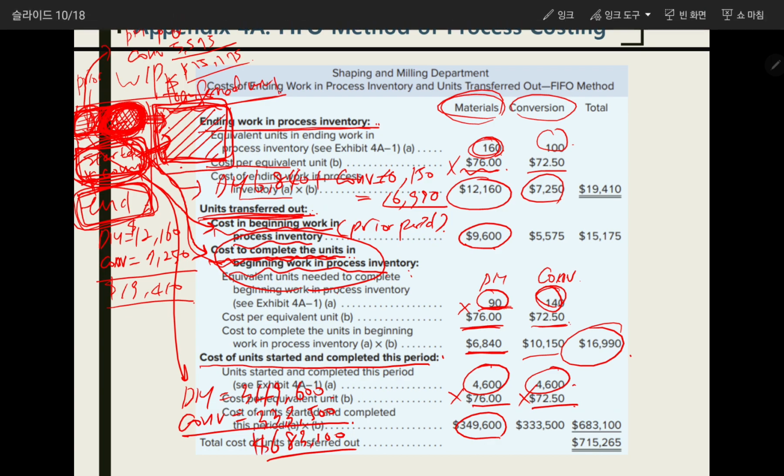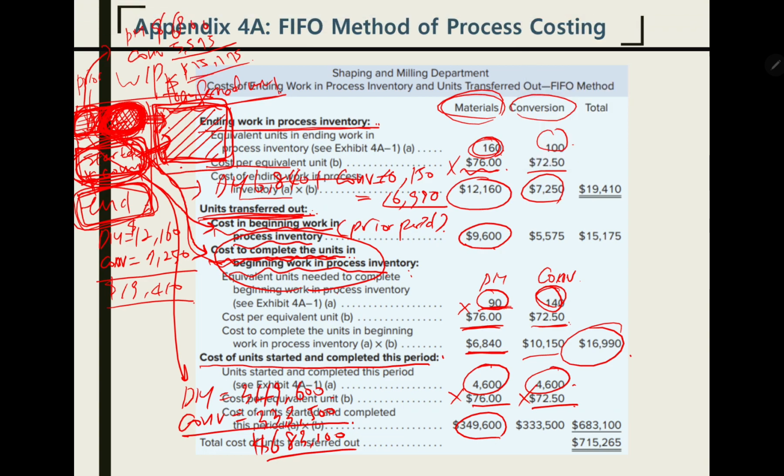Then the sum of these. The beginning inventory, they were already completed in the prior period, and the additional effort being made to complete the beginning inventory here.